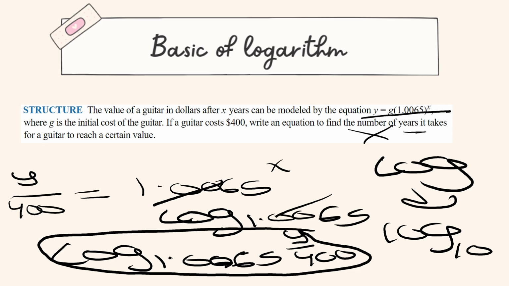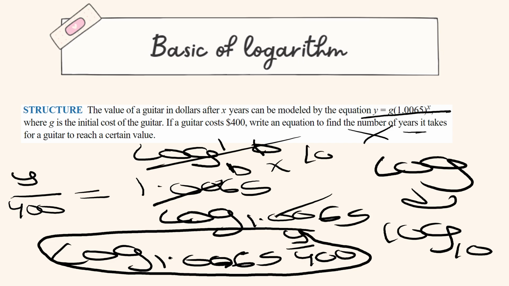And here I used log to the base of 1.0065 because I wanted to cancel this term, because log base 1 of 1 would give us 1. Let's say base 10 and we have 10 in here, it would give us 1. Let's say base 14 and we have 14 in here, it will give us 1. That's the reason I used base 1.0065, because I have this number 1.0065 to cancel it out and give me 1 and to give me x by its own.